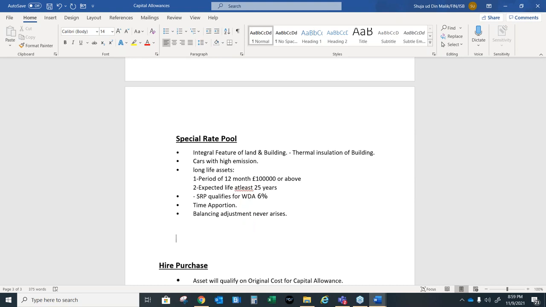So when we talk about balancing adjustments, I missed out writing it. I will be adding it and these notes will be shared again. What is balancing adjustment? When we dispose of an asset in accounting, a gain or loss occurs. If it is a gain, we refer to it as balancing charge.